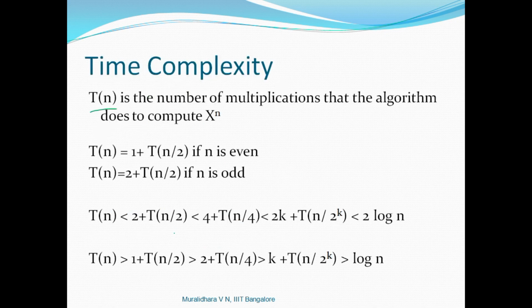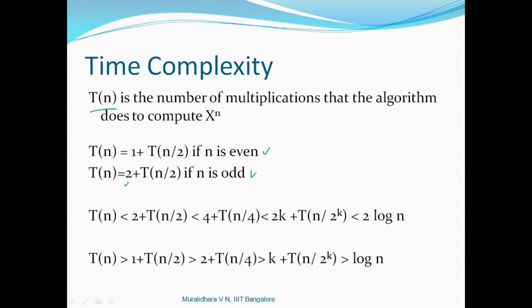In that case, you will be doing two multiplications. After that, you recursively find x square to the power n by 2. Once you call the recursion, the size of the integer n reduces by half. So if n is even, you get this recursion. If n is odd, you get this recursion.